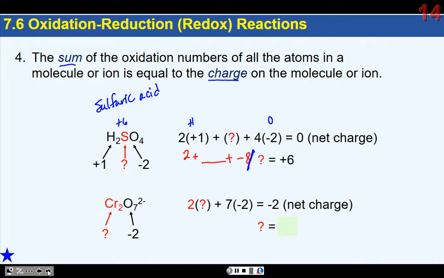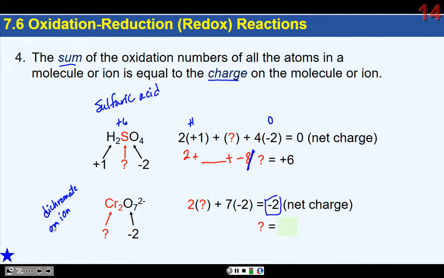Now, the dichromate ion. You don't like these ions, do you? They're unfamiliar. We don't use them often enough. But here's an example of where it comes up. The dichromate anion, if you will, because it is definitely negative. We have to decide what the charge or the oxidation state on chromium is. I keep saying charge because charge is a lot like oxidation state, but it's not exactly the same thing, because the whole entity has a charge of -2.